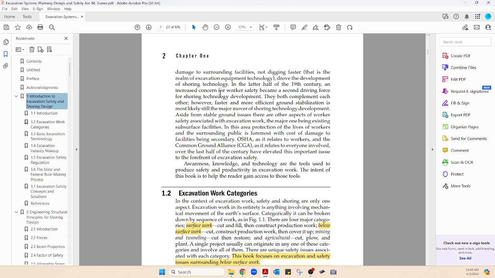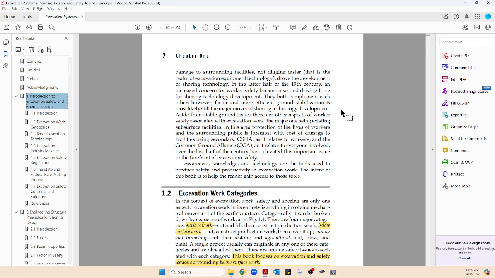It drove the development of shoring technology in the latter half of that century, and increased concern for worker safety became a second driving force. They both complement each other. However, faster and more efficient ground stabilization is most likely still the major mover of shoring technology development.